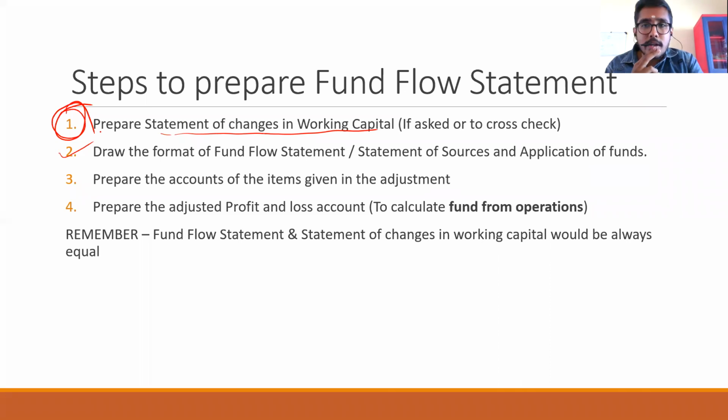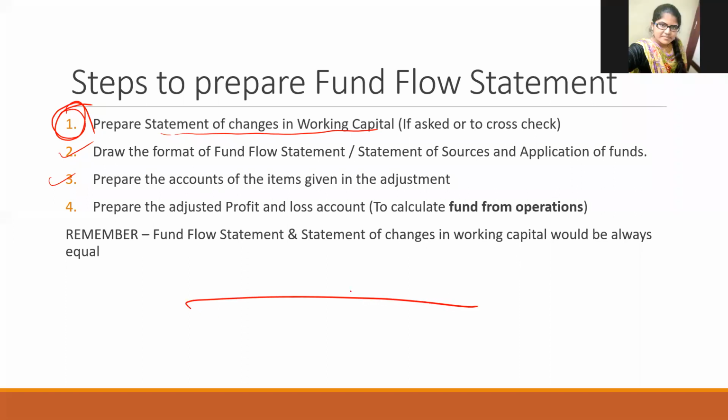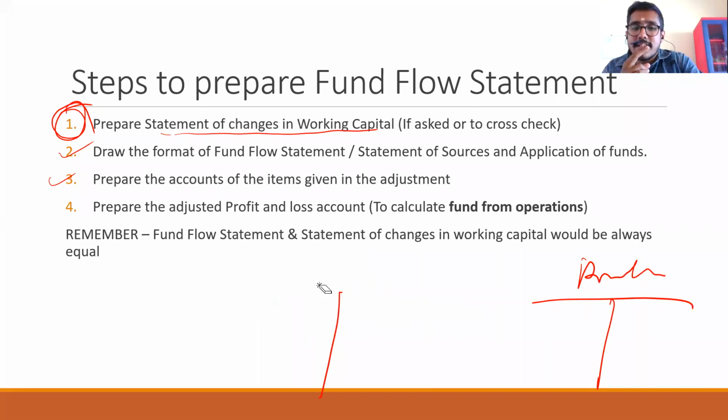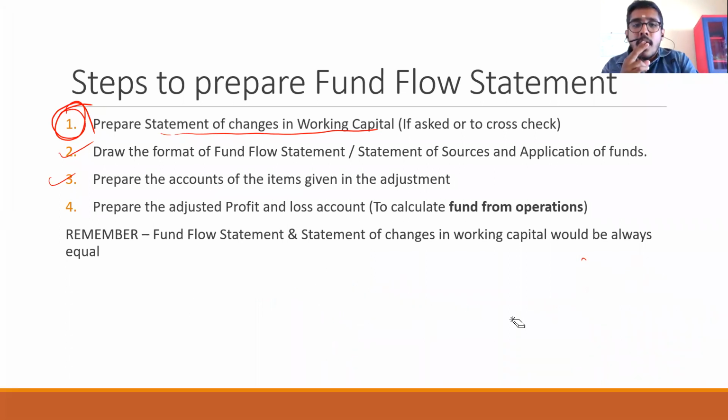Then draw the format of the fund flow statement. Then prepare the various accounts, meaning the T format: machinery account, provision for tax account, all the accounts which have adjustments. After that, prepare the adjusted profit and loss account to calculate fund from operations.